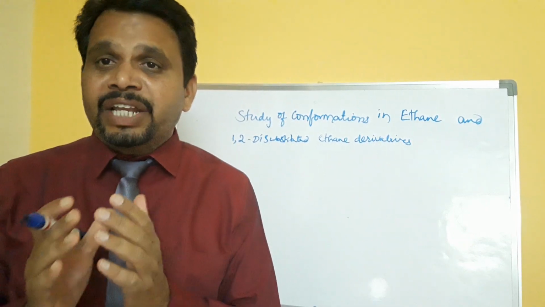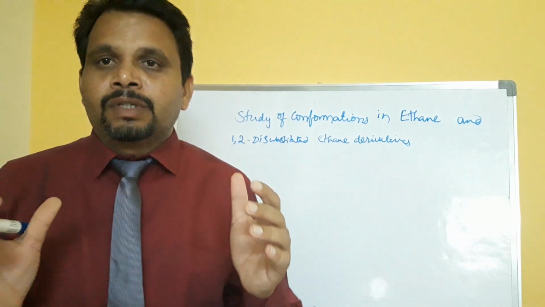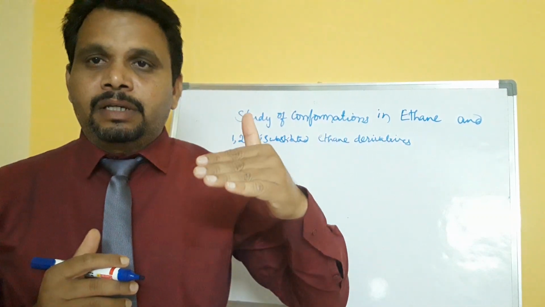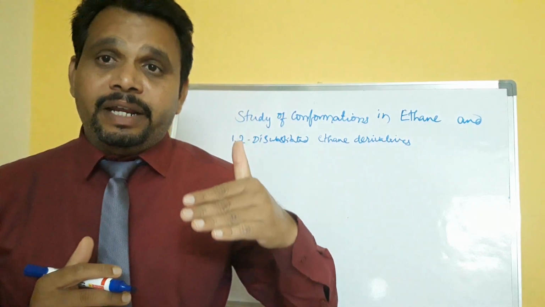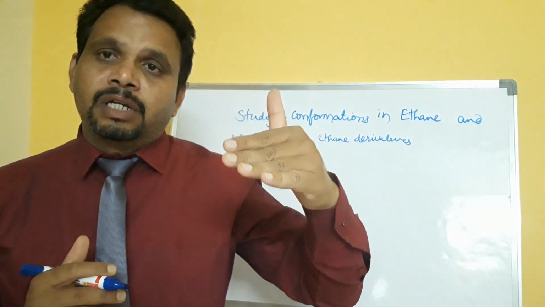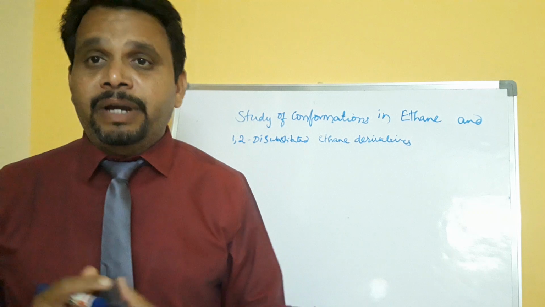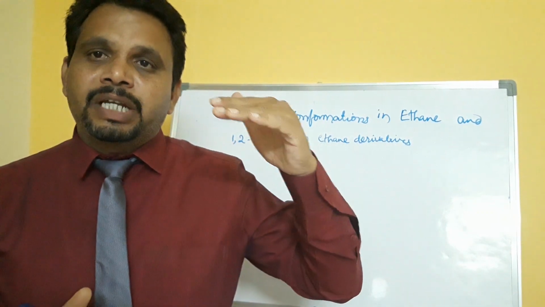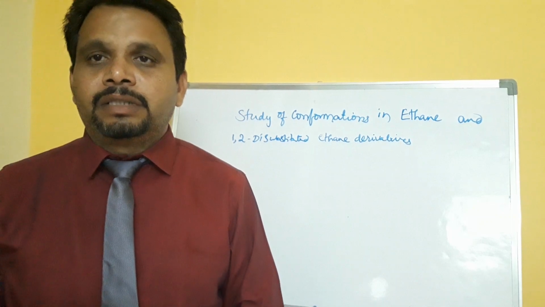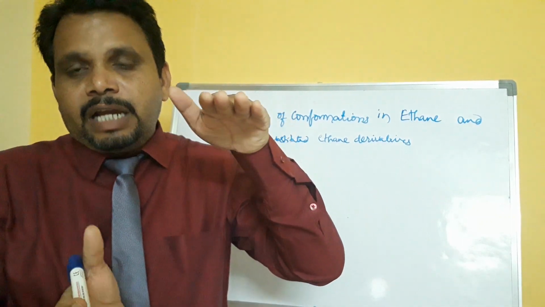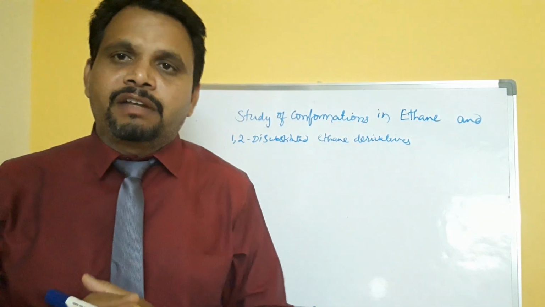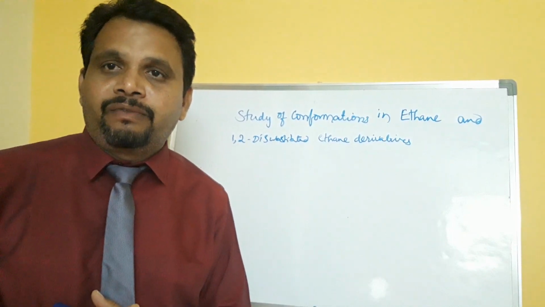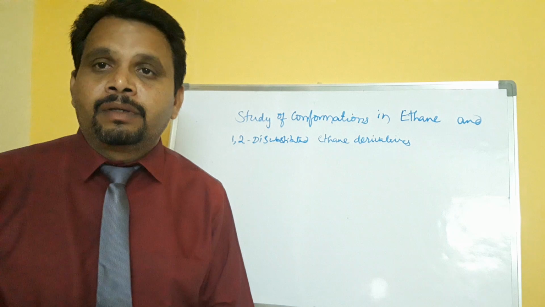The energy difference between the staggered or anti conformer and the gauche conformer is 3.3 kilojoules per mole, whereas between the staggered and partially eclipsed conformer it is approximately 14 kilojoules per mole.